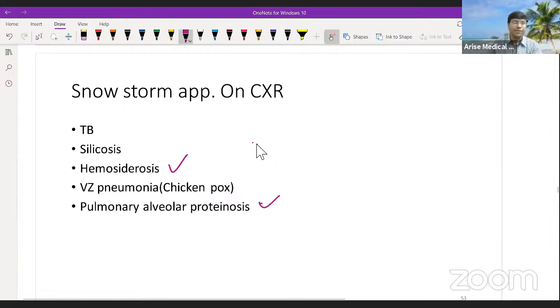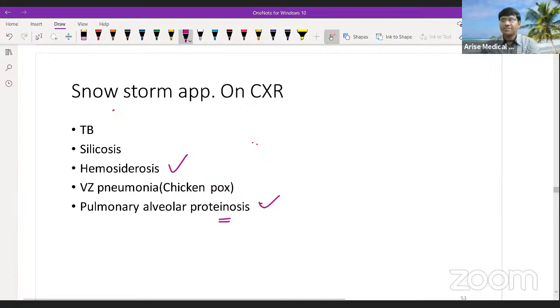Pulmonary alveolar proteinosis, you will have the snowstorm appearance. These are all the conditions where you will have snowstorm appearance on the chest X-ray.